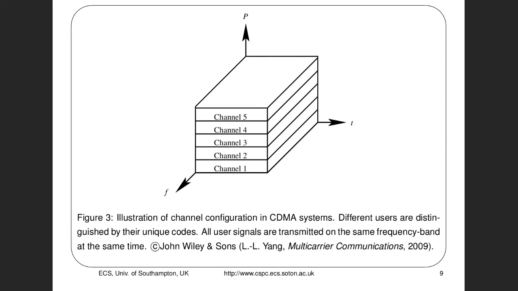The third option is CDMA. So it's like different people are communicating at the same time using the same channel, but they are speaking different languages. Their messages are encoded in code word design. They are all assigned their own signature.